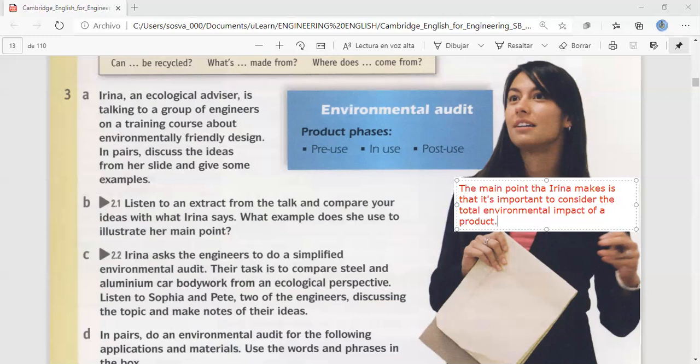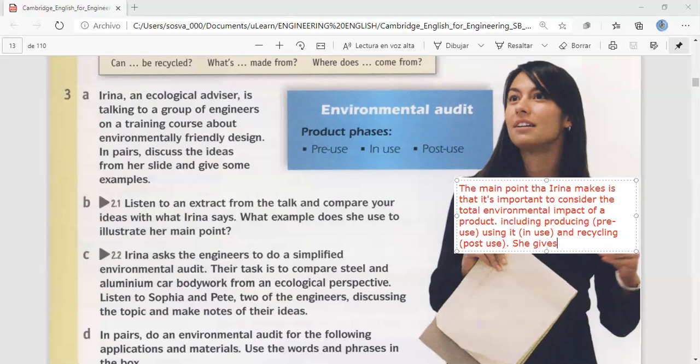What do I mean by total impact of a product? That means the three phases. We need to include the producing of the product, that means the pre-use. We also need to take into account the using phase, that is the in-use phase. And finally, recycling it. Would it be possible for the item to be recycled? That means the post-use.